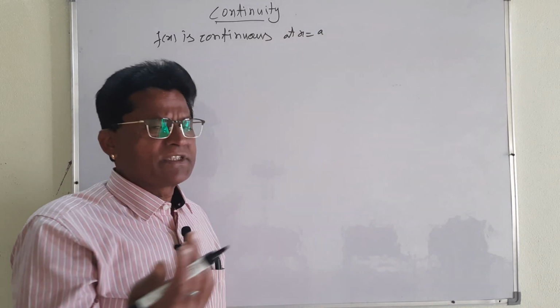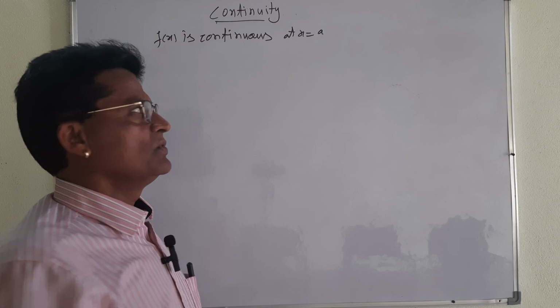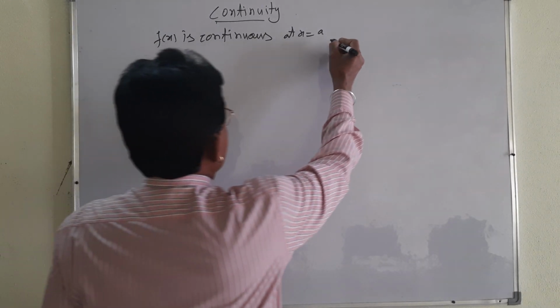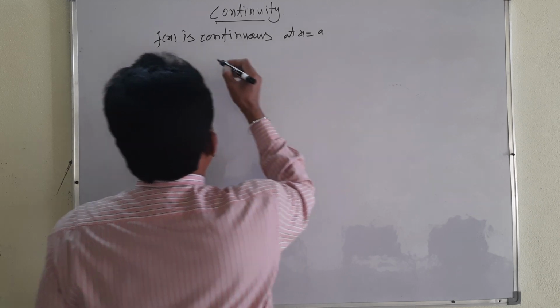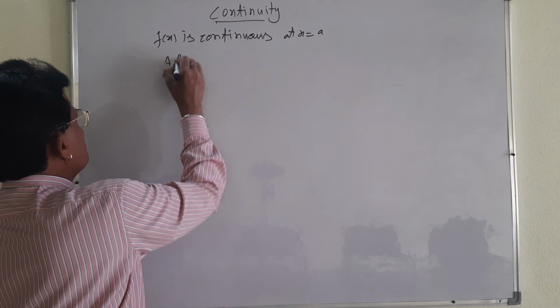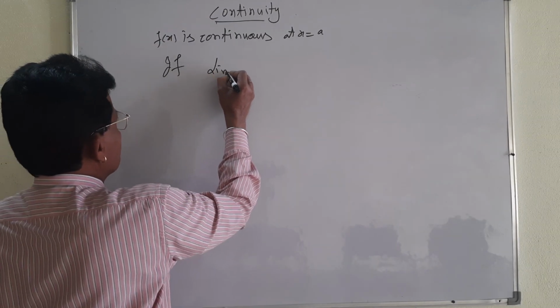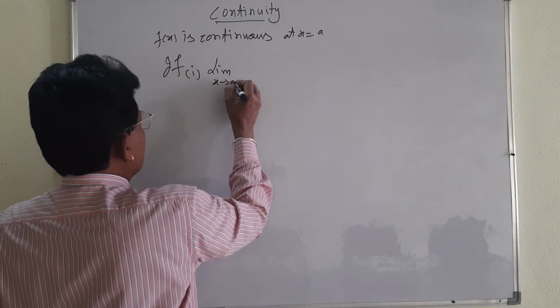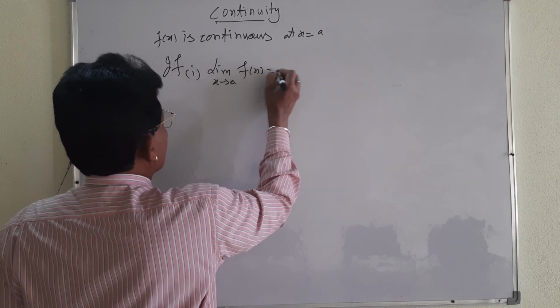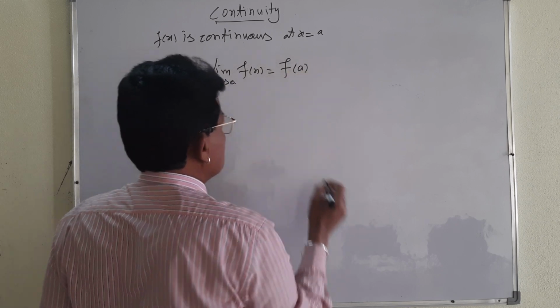You can take a point, c point, whatever it may be, that depends upon you. Then the function is continuous at this one if, first case, limit x tends to a, f(x) is equal to f(a).